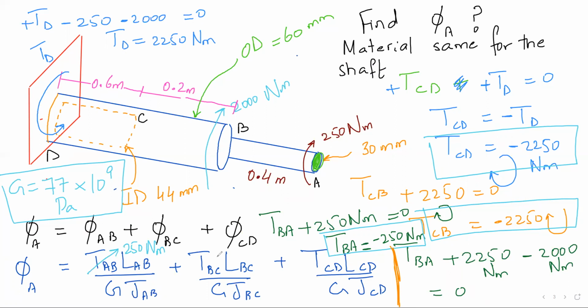Because this is applied torque. No, we do the opposite because those are the reaction torques. In this formula, these are the applied ones. If that had been positive, this would be a different direction. TBC is 2250 and TCD is again 2250.